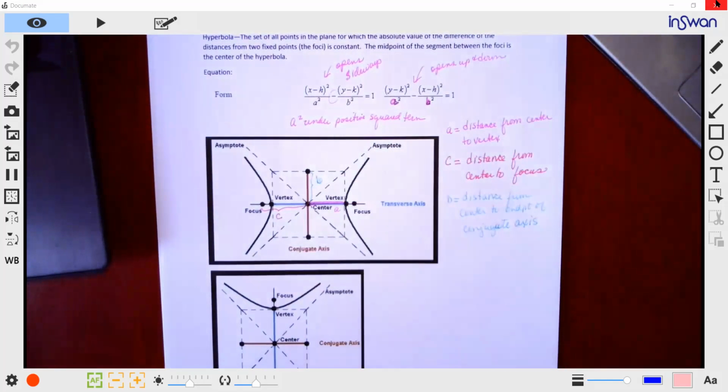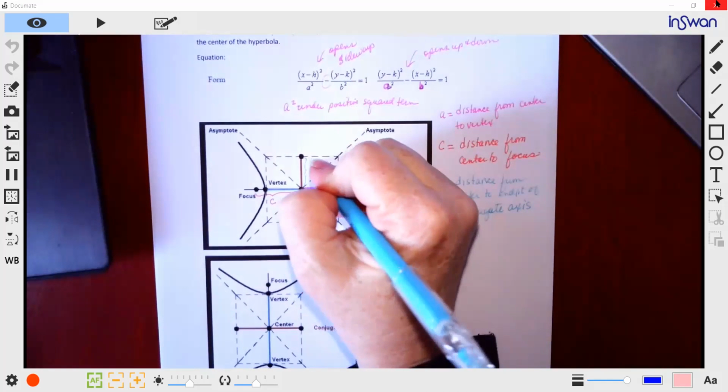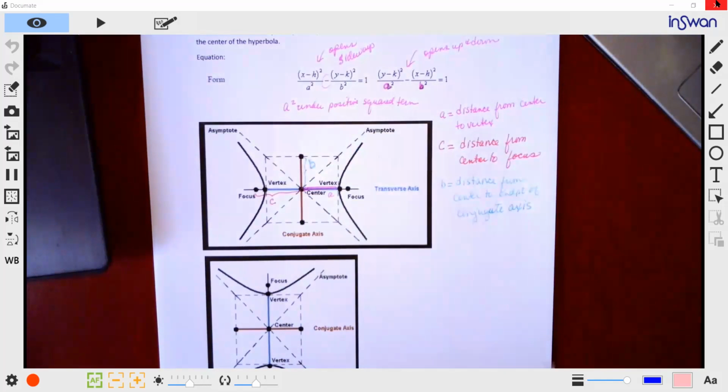Now, some books, some people, depends. For ellipses, we have the major and the minor axes, which is kind of intuitive in that the major is always longer than the minor axis for an ellipse. That's not true for hyperbolas.